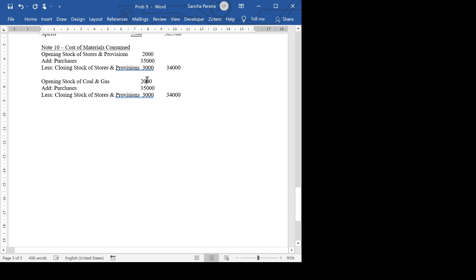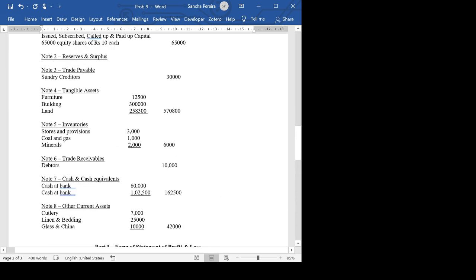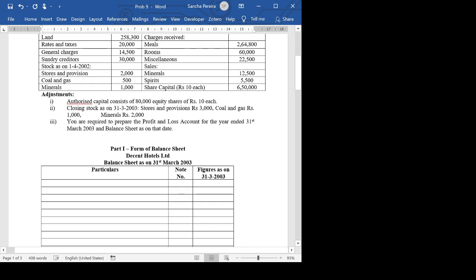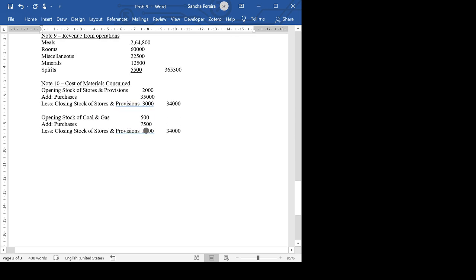And the closing stock of coal and gas is 1,000. So the total of this comes to 7,500 plus 500, which is 8,000. 8,000 minus 1,000 becomes 7,000.